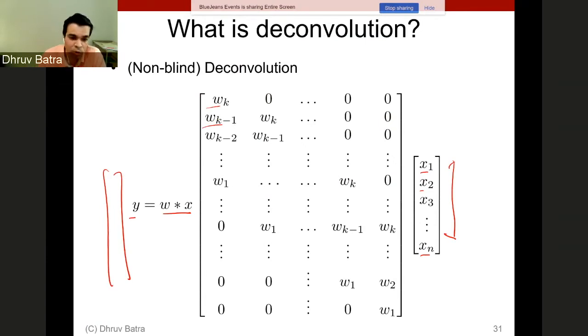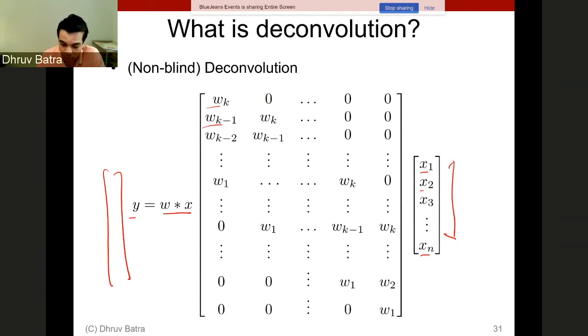If you have sufficient padding, it feels like you have plenty of equations with n unknowns. You have n plus k minus 1 equations with n unknowns, so you can obviously get a particular solution out. Even if you don't have padding, even if you have same-sized output, you can still have n unknowns and n equations. So this feels like it should be solvable.